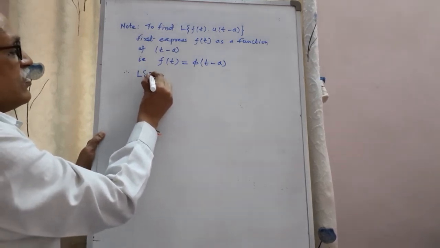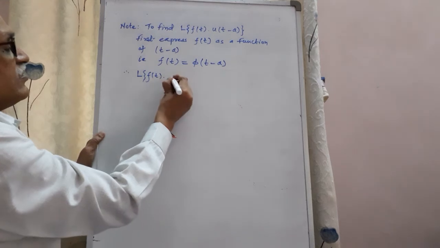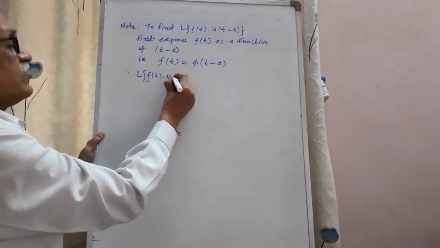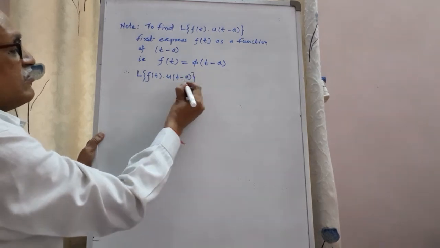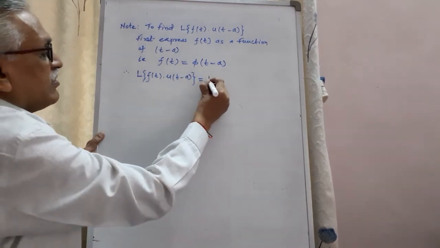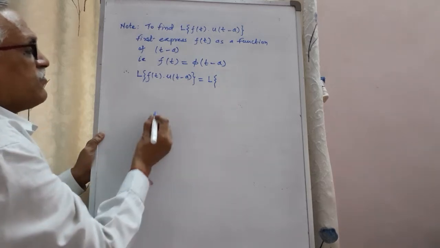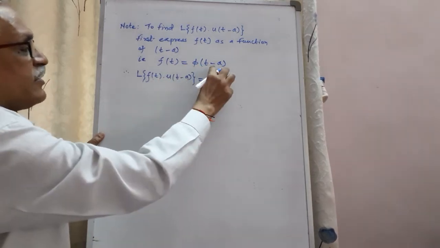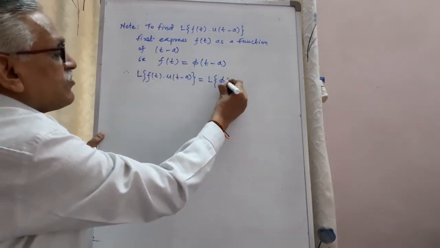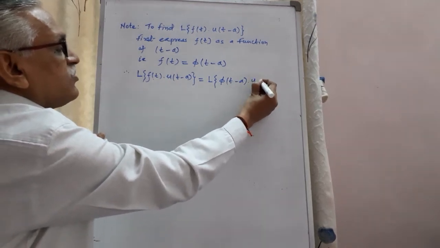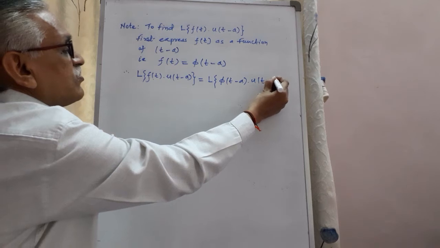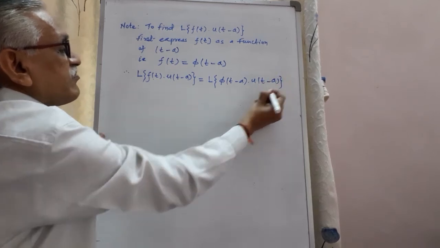The Laplace of f of t into u of t minus a is nothing but the Laplace transform of phi of t minus a into u of t minus a, where f of t is written as phi of t minus a.